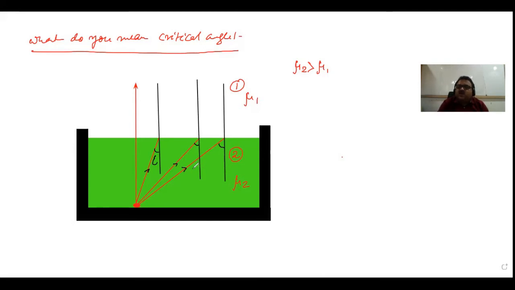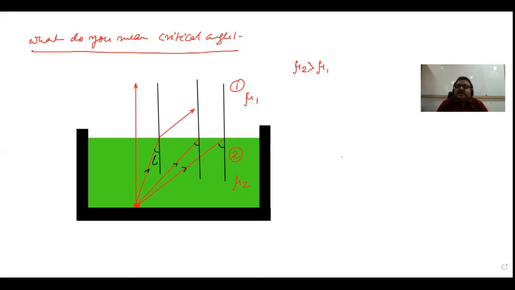So what will happen? It's a general thing. When a light ray moves out of this medium, it will bend away from the normal, since it is moving from denser to rarer medium. Correct? Look.